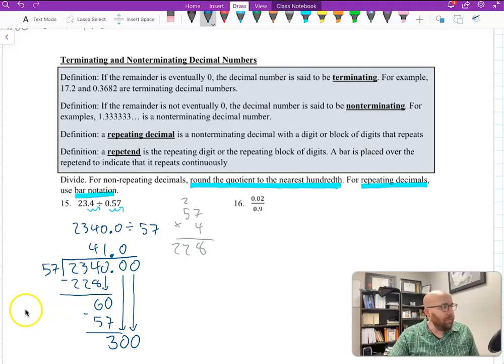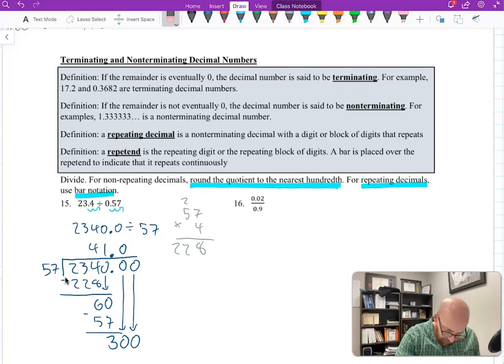Well, because 50 times 6 is going to be 300, let's see what happens when we multiply 57 by 5. 5 times 7 is 35. 5 times 5 is 25, plus 3 is 28.